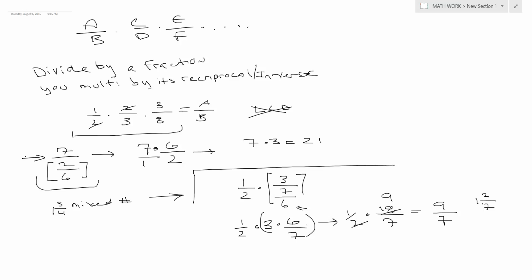So if the instructions say to convert it into its mixed number format, well, why not? Just take 9 divided by 7. Take the quotient here, and add the remainder over the divisor. Cool. So you would have that in a mixed number format.